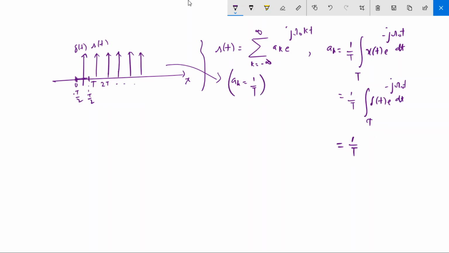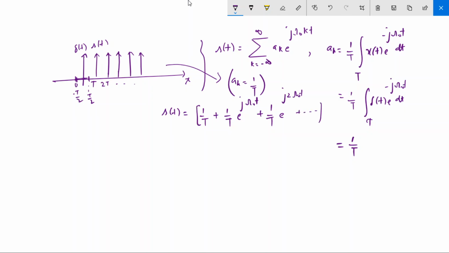Okay, now I can write its Fourier series for this signal, and that will become s(t) equal to 1 by T a naught plus 1 by T e raised to power j omega naught t plus 1 by T e raised to power j 2 omega naught t, and so on.